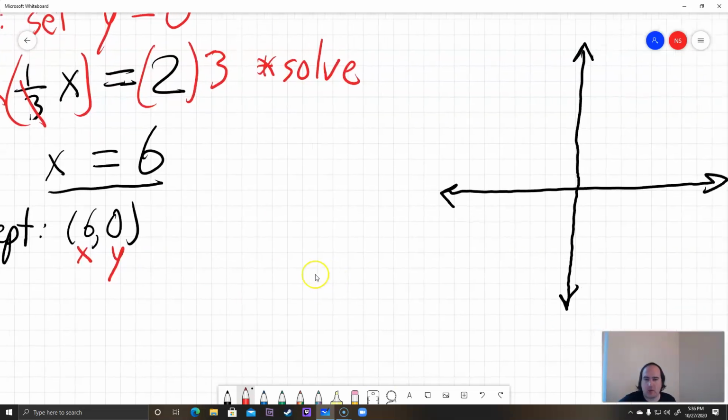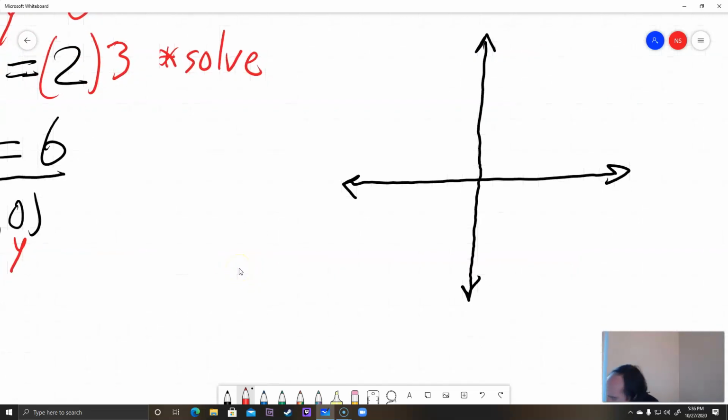X is 6 and y is 0. So 6 on the x-axis is going to go over to the right, 6. 1, 2, 3, 4, 5, 6. So that's our x-intercept. So that's 6, 0. Because y is 0, this is our x-intercept.